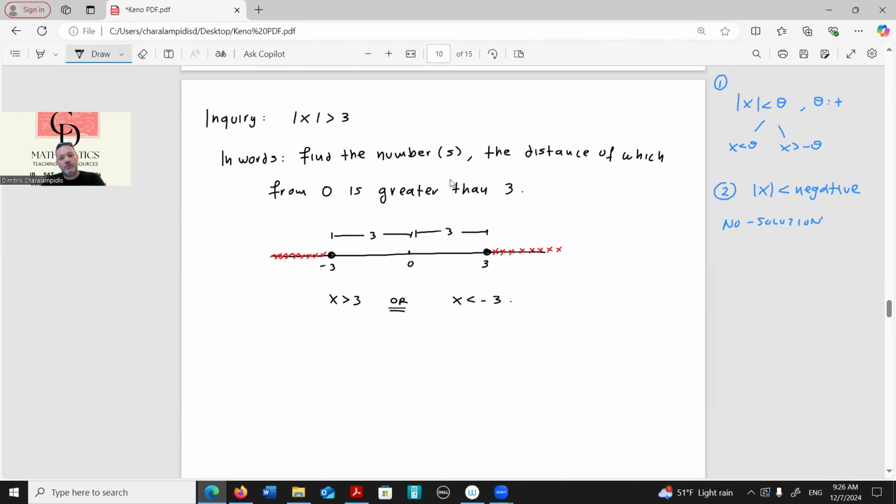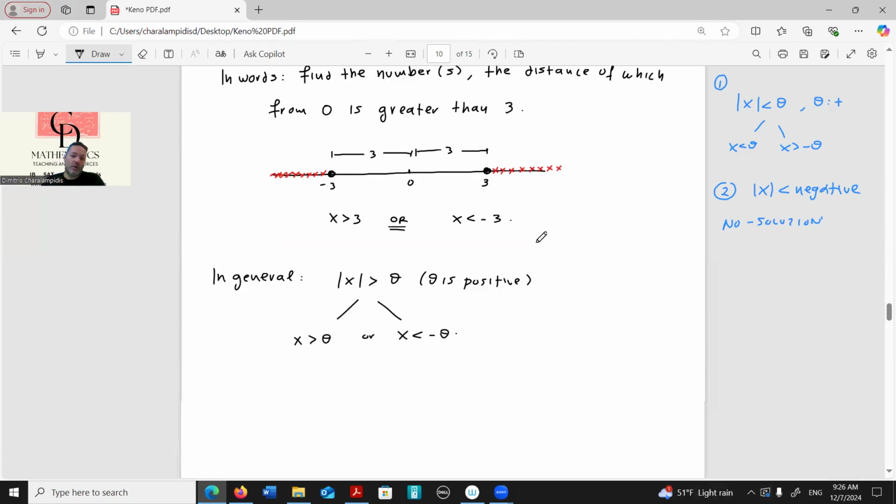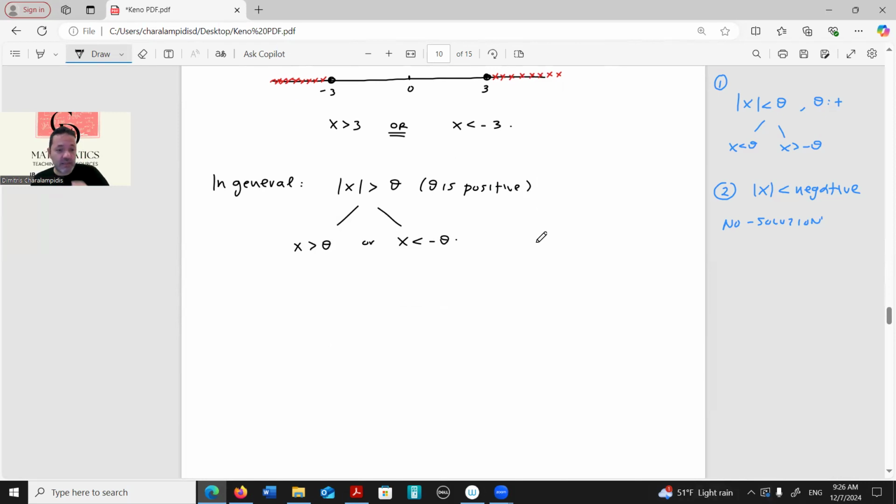And of course, we will generalize that. In general, absolute value of x greater than theta, where theta is a positive number, means that x is greater than theta or x is smaller than -theta. And once again, it's not about the x, but rather about the expression inside the absolute value.